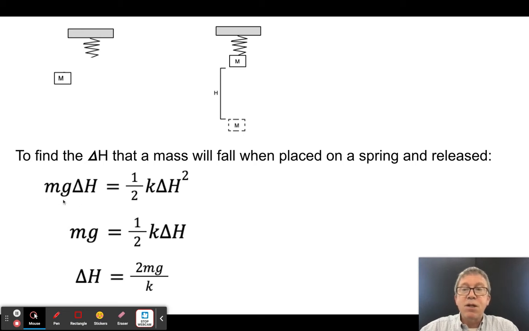So I'm going to say that the gravitational potential energy, mg times this distance h, so that's my delta h, is going to equal the spring potential energy. So I'm going to say it's going to equal 1/2 k delta h squared. Now, since I have delta h and delta h squared, I can get rid of one of my delta h's. And then I'm just going to multiply by 2, divide by k, and there you have it. So this delta h is going to be defined as 2mg divided by k.